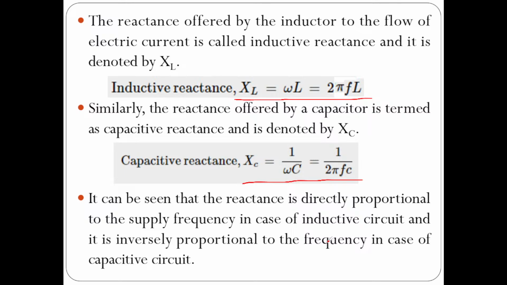Similarly, if it is a purely capacitive circuit, then the voltage Vc will lag current I by an angle of 90 degrees. For a capacitor, voltage will lag; you should always move in the anti-clockwise direction. For an inductor, voltage will lead.